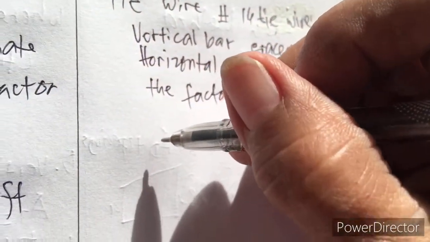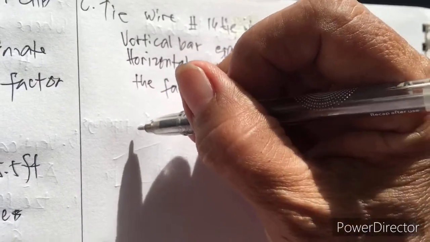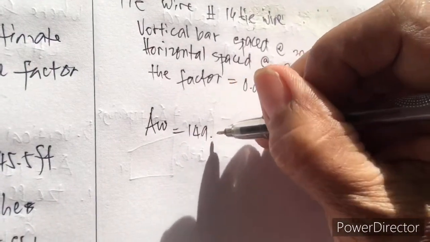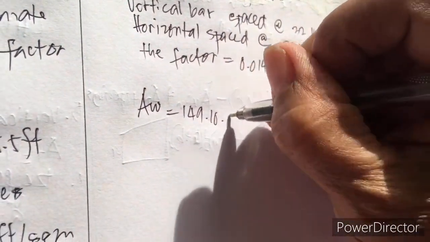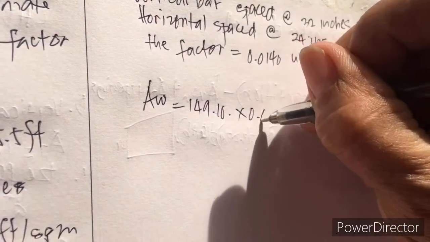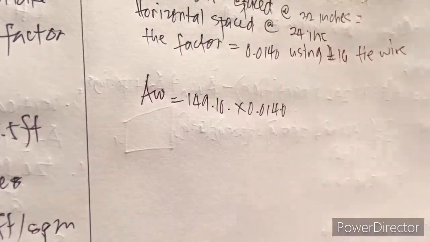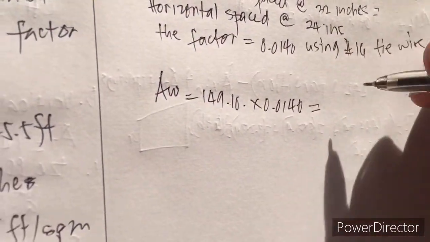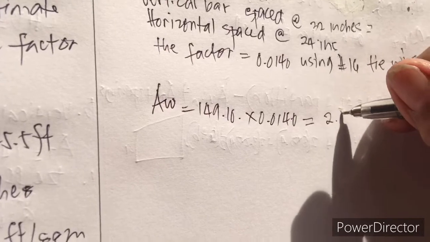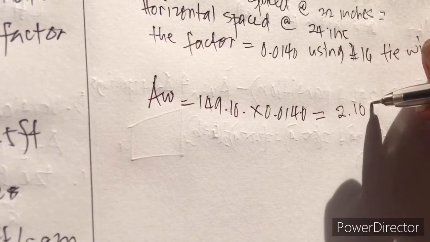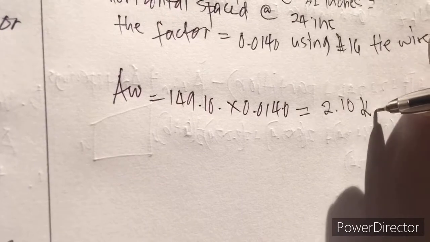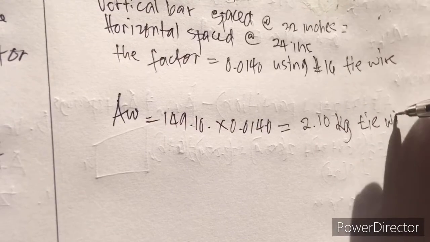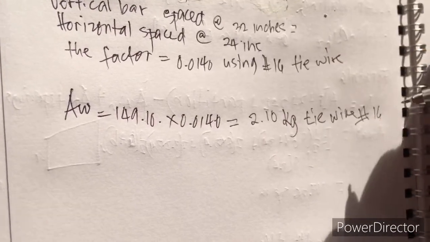So the area of the wall is 149.1 times 0.0140, that equals 2 kilograms tie wire number 16.